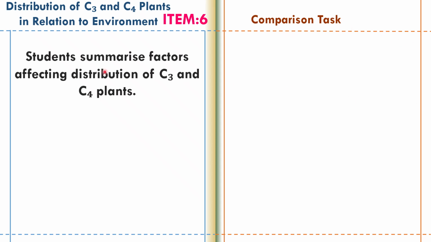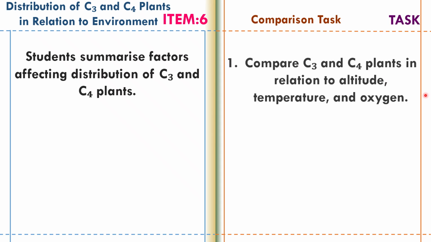Distribution of C3 and C4 plants in relation to environment, item 6. We have a comparison task. Students, summarize factors affecting distribution of C3 and C4 plants.